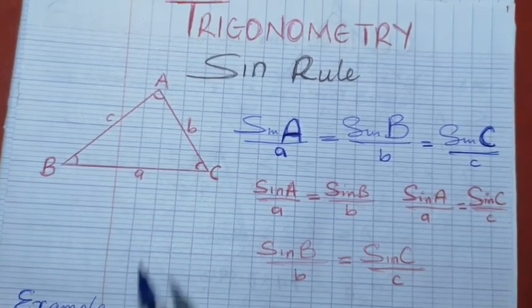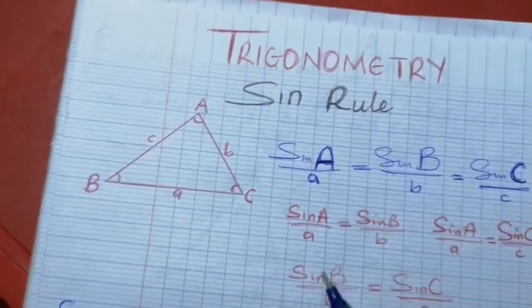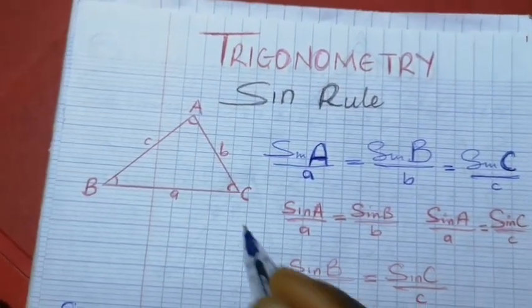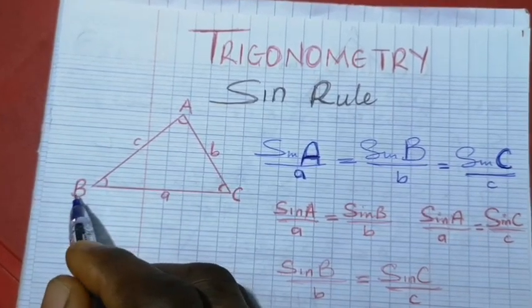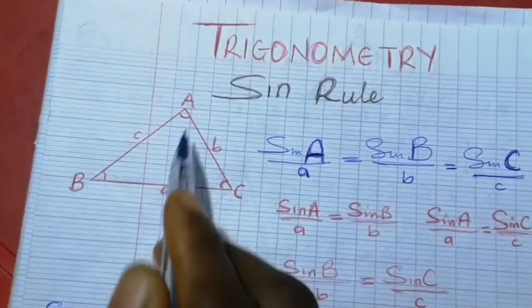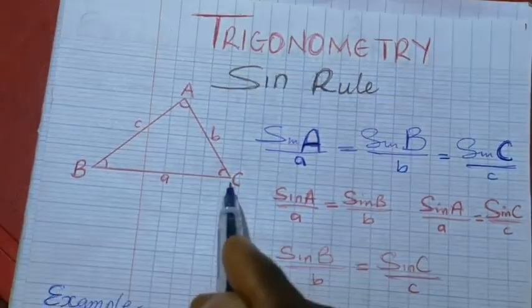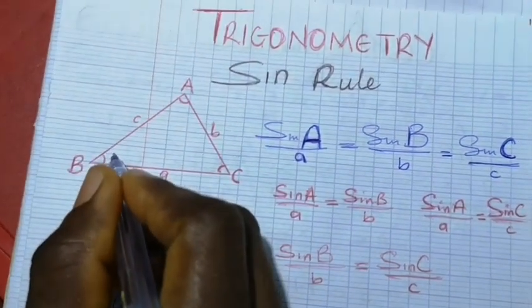Okay, so an example of such a triangle is what we have here. Normally in a triangle we use a capital letter to represent the apex, and this capital letter is also the angle that we have in the triangle.